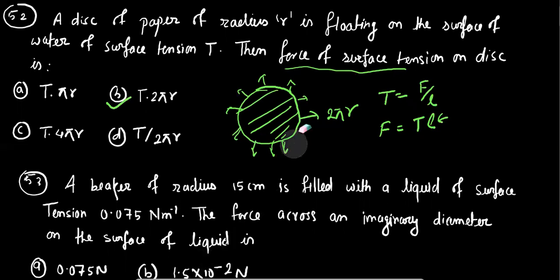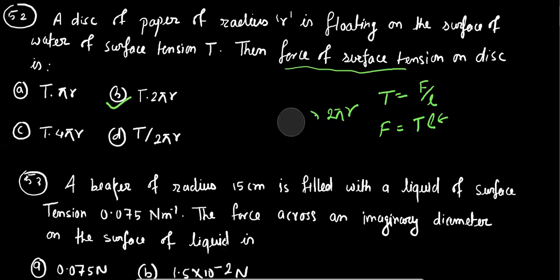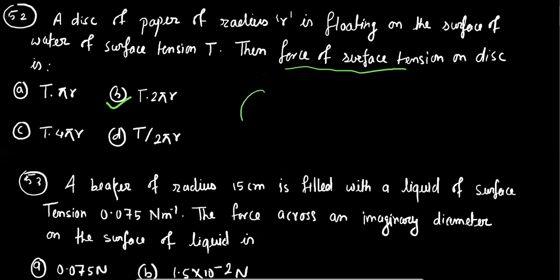Suppose in this question it is said that a ring of metal or any kind of substance of radius r is floating on the surface of water, and then find out the force of surface tension. In that case we have to think about this condition.